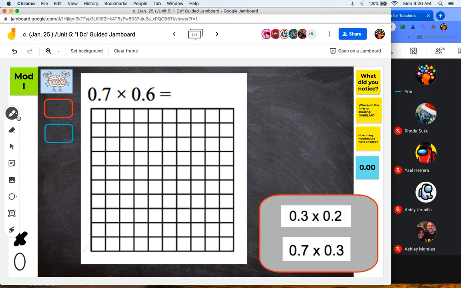My first factor, I'm going to show it vertically or rows.